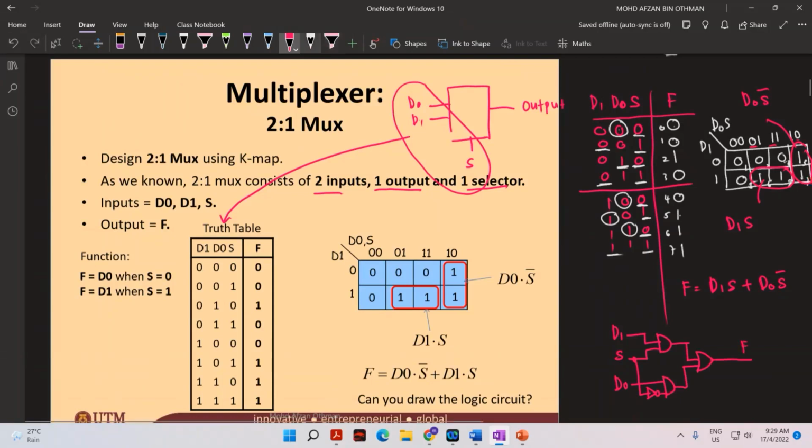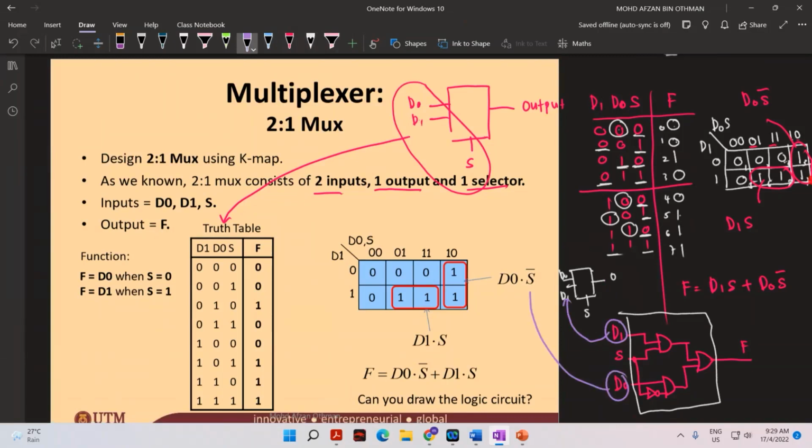Okay, kalau kamu buat yang ni dalam kotak. Okay, so this is your 2 to 1 mux tadi ya. Kita ada output S, D0 and D1. Okay, kalau kamu tengok ni, right, this one ya. D1 adalah yang, sorry, not that one. D1 adalah yang ni.